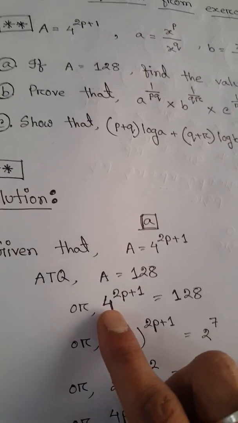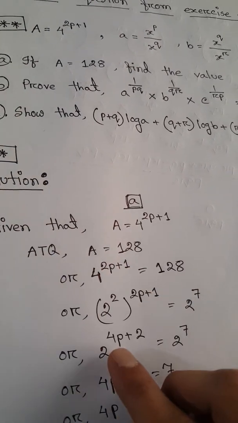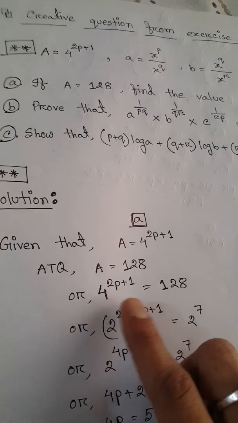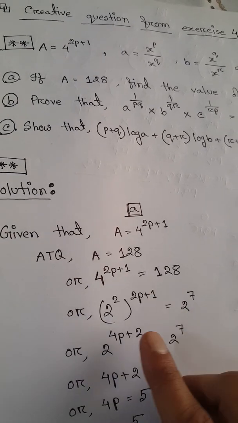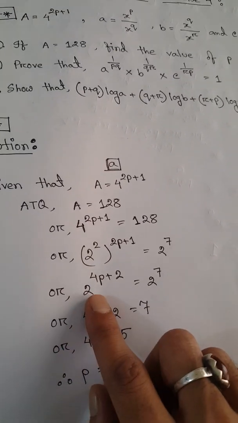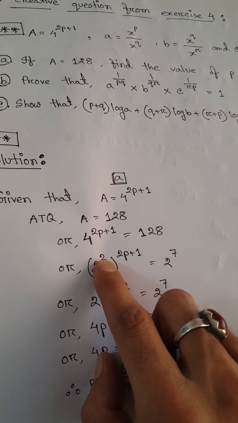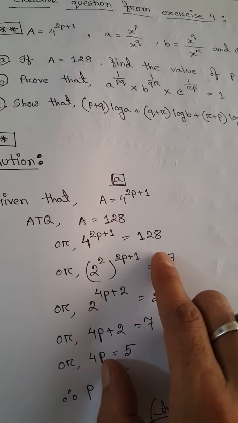So we can do this simple thing. We can make this 4 as base 2. 4 is equal to 2 square. So instead of 4, we write 2 square. In the fourth line, this 2 is a power, and 2p plus 1 is also a power.